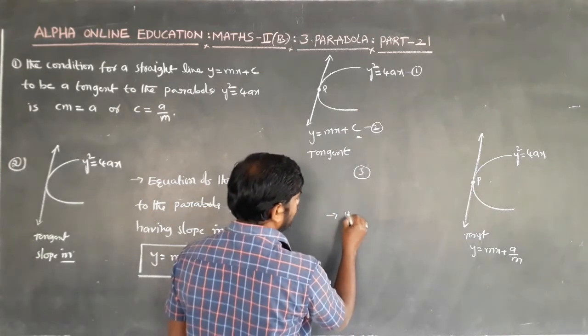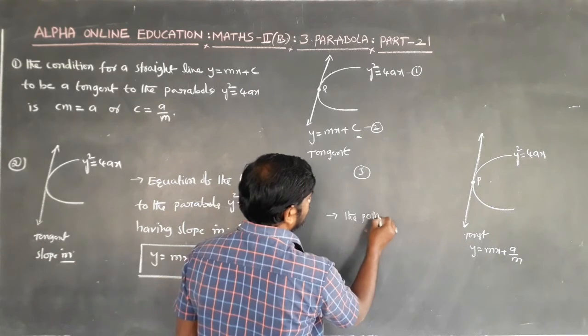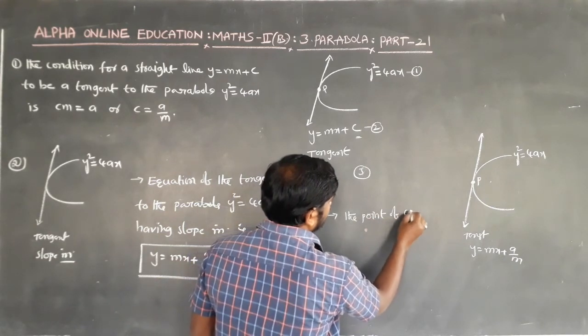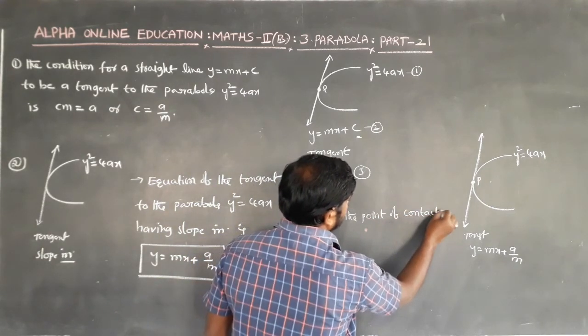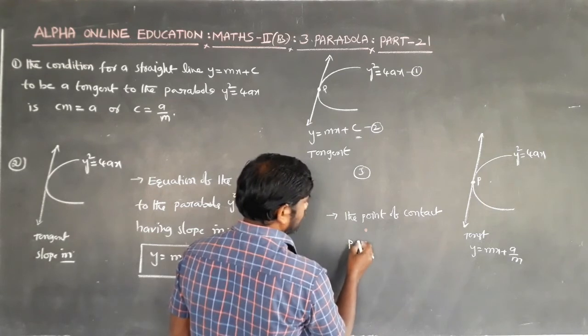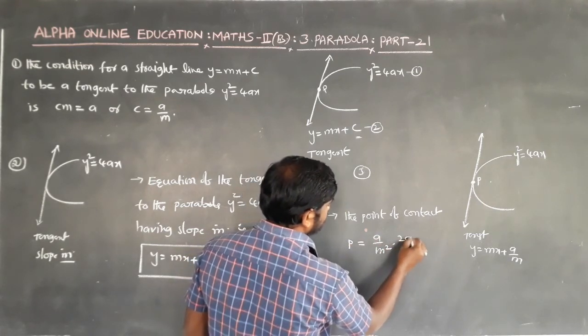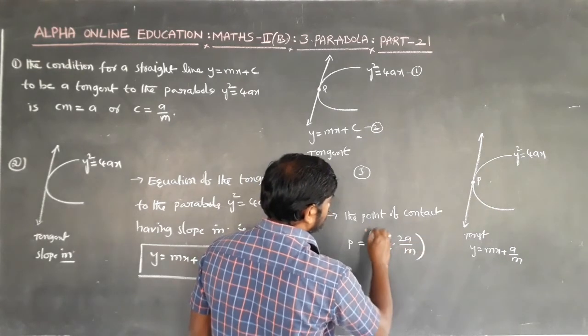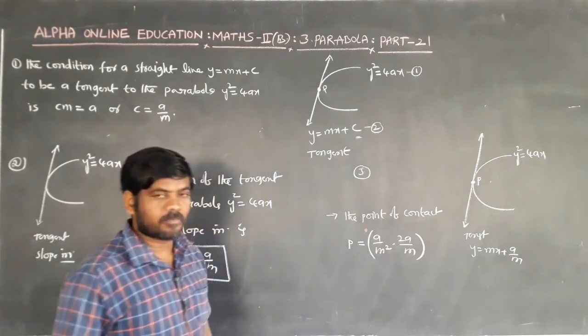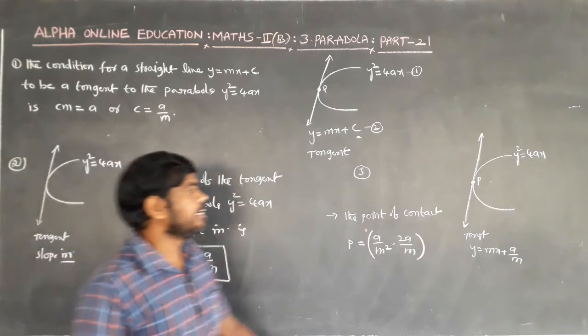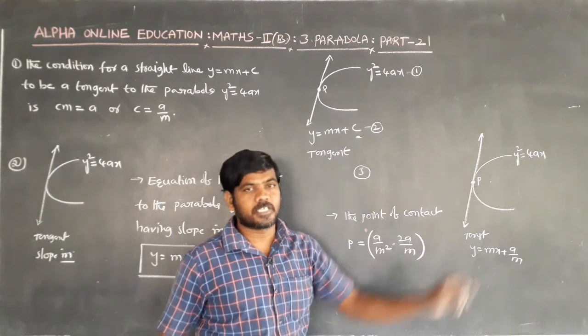The point of contact formula. The point of contact P is equal to a by m square comma 2a by m. This is the formula for finding the point of contact.